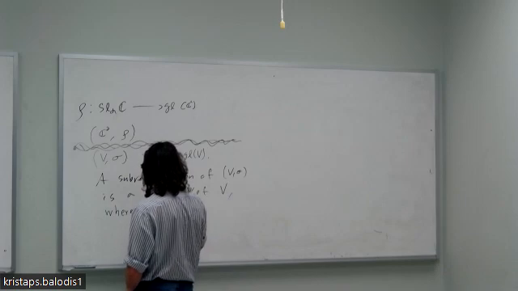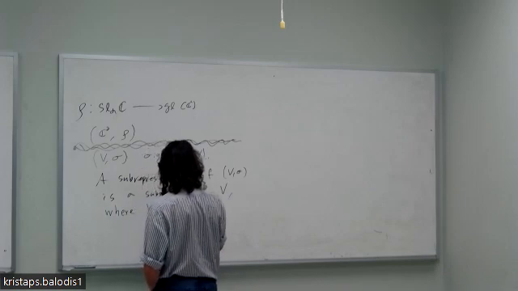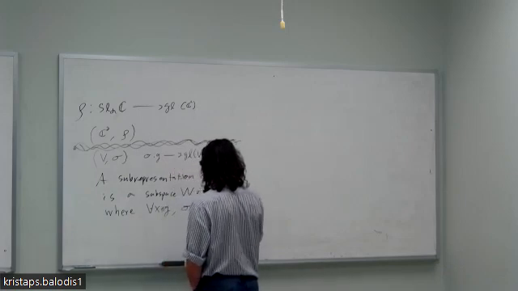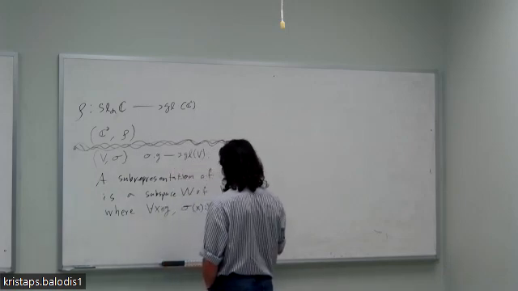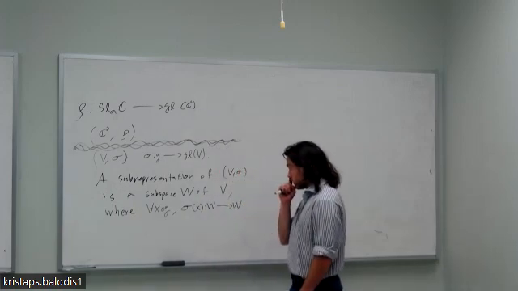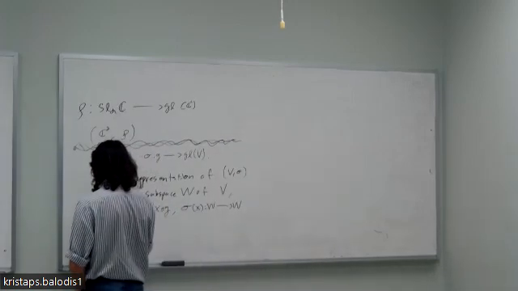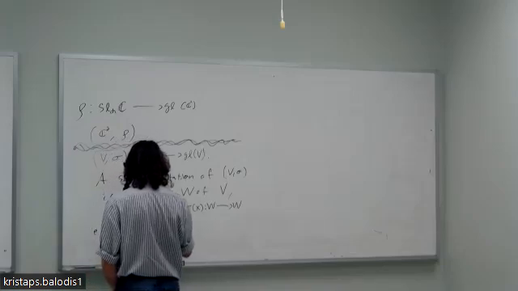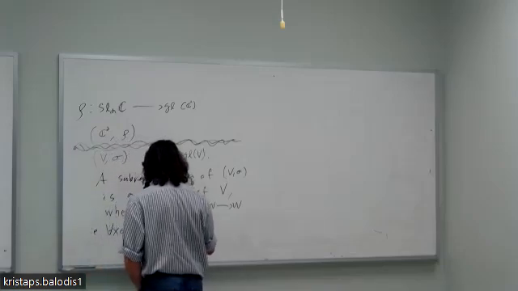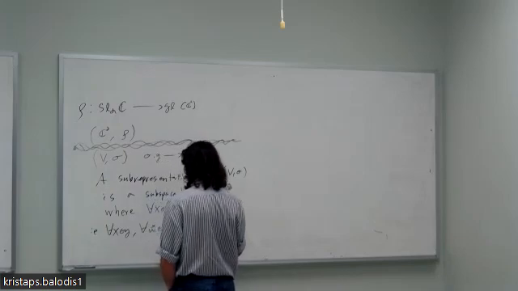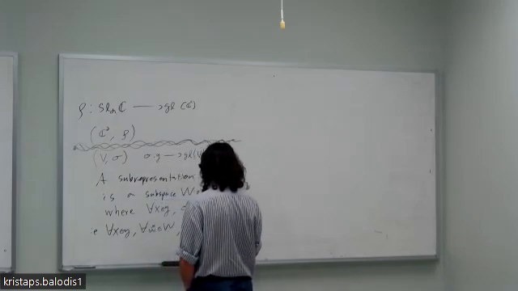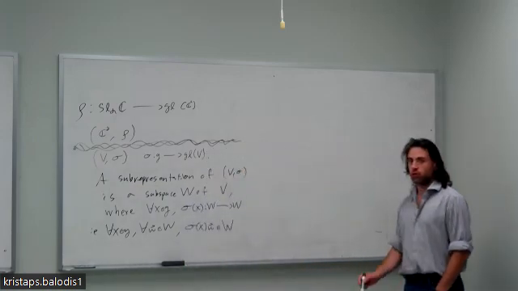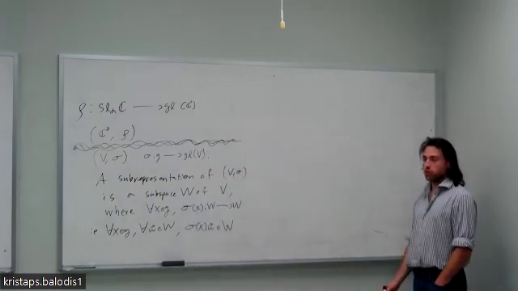Let's say it this way: for all x in G, sigma x takes W into W. In other words, for all x in G and all w in W, sigma x w is in W. So W is closed under the representation.